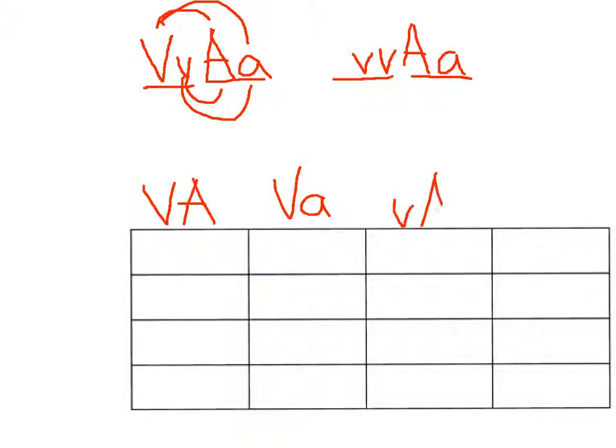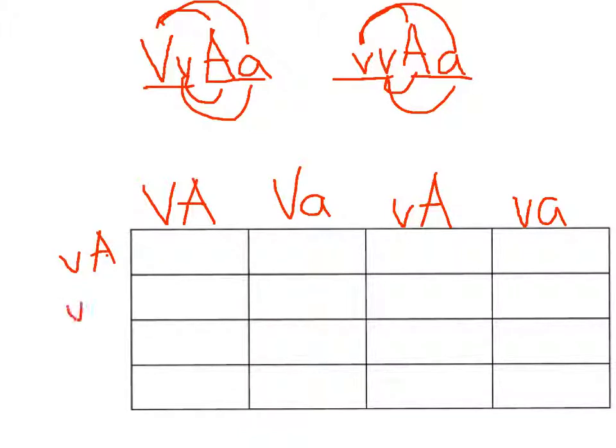Little v, big A, little v, little a. In the female, there's 2 little v's, so they can pair up with the a's: little v, big A, little v, little a, and the same thing again. So that's little v, big A, little v, little a, twice, little v, big A, little v, little a.